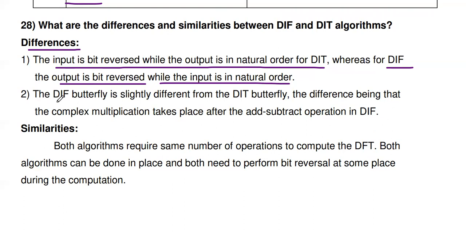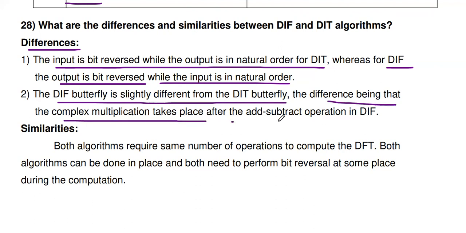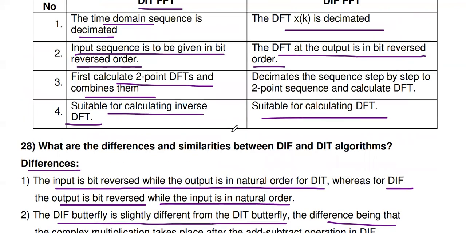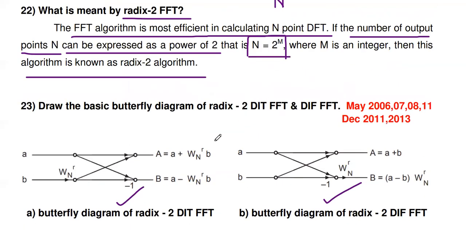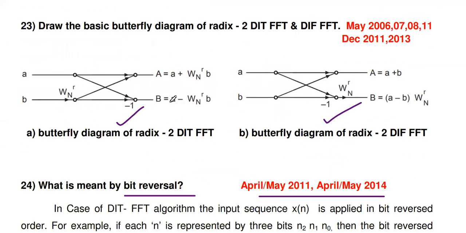Then the DIF butterfly diagram is slightly different from the DIT butterfly. The difference is that the complex multiplication takes place after the addition subtraction process. You see the butterfly, this is for DIF. In the DIT algorithm, the twiddle factor is multiplied with b and then we add.